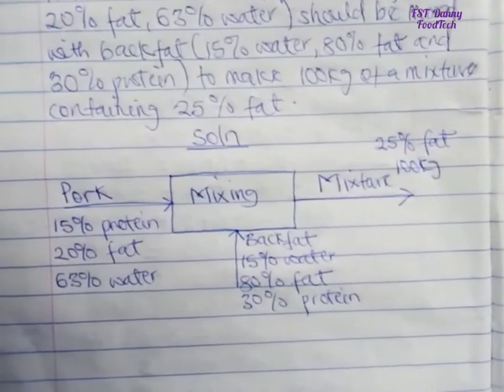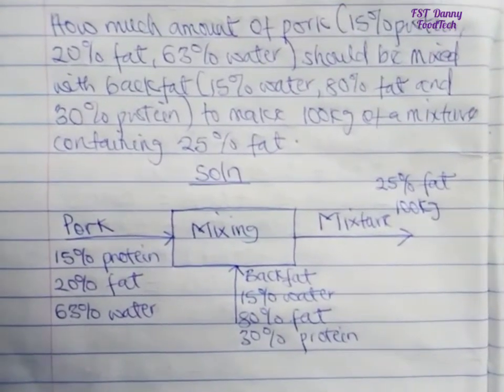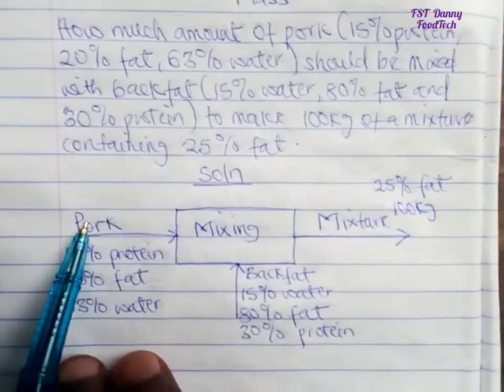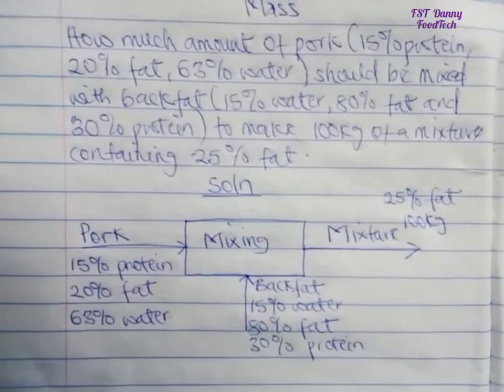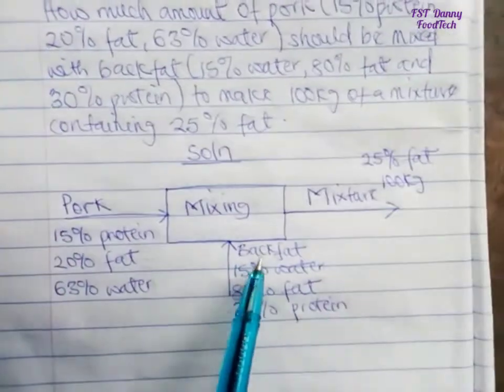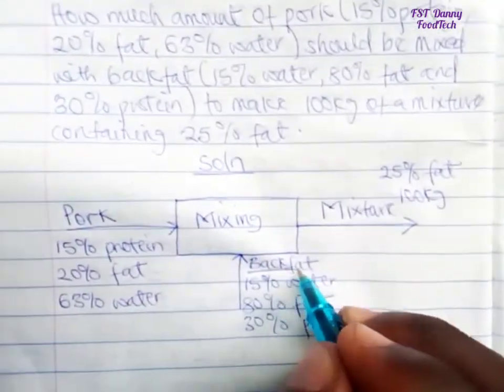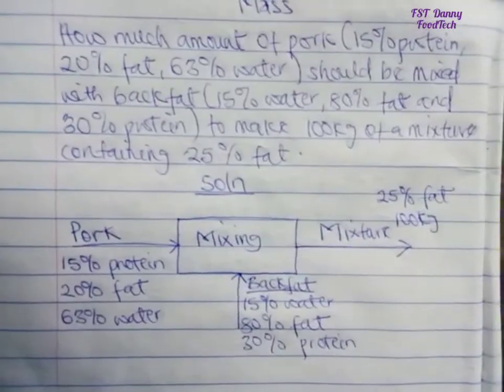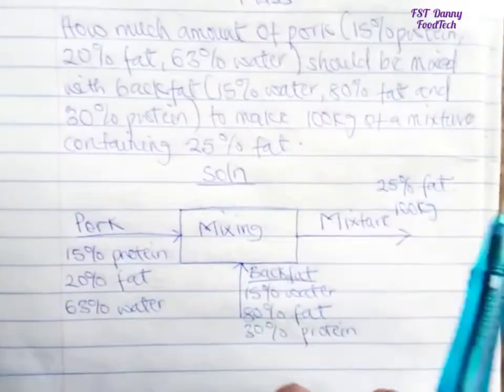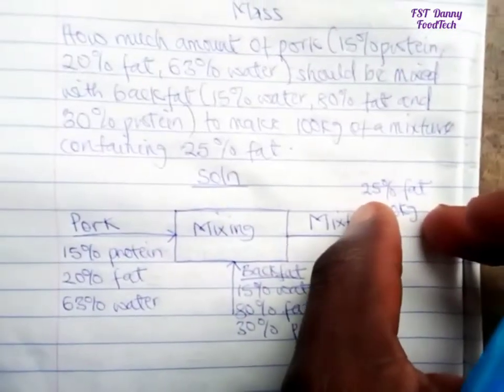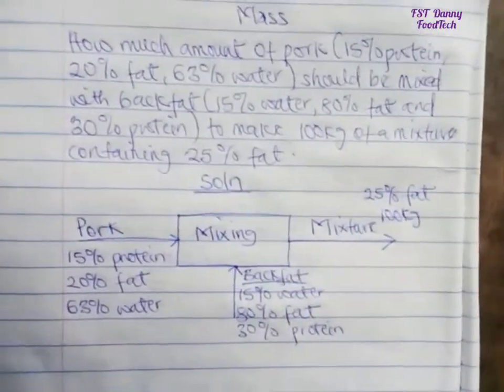Now the question is saying that what is the amount of pork in mass that will be mixed together with the back fat with these components to produce 100 kg of the mixture.